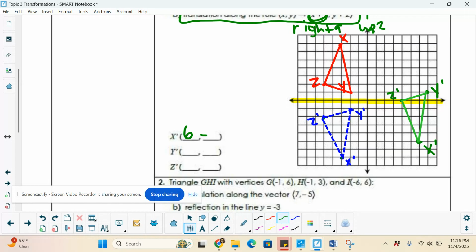Since it goes down, it's a -5. Our y, start in the middle, is going to go 1, 2, 3, 4, 5, 6, 7, 8. And then it goes up 1, so that's 8, 1. And then my z, I start in the middle, 0, 1, 2, 3, 4. And it does not go up or down, so that's just 4, 0. All right.